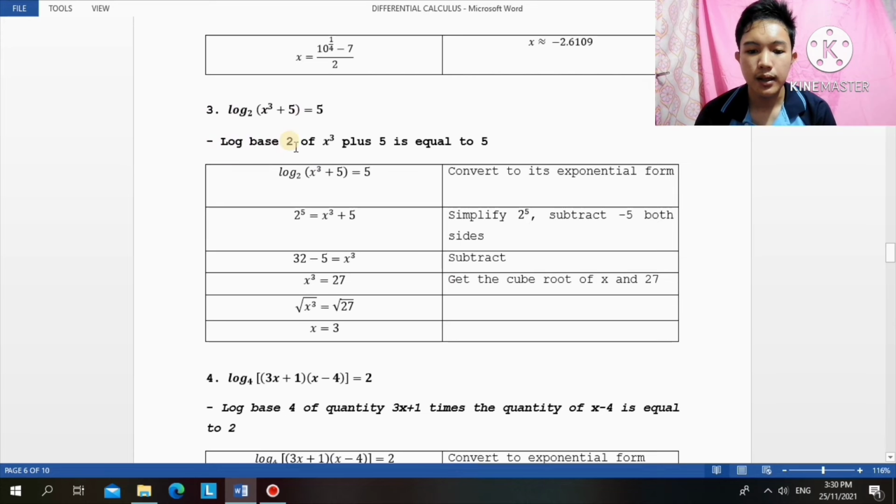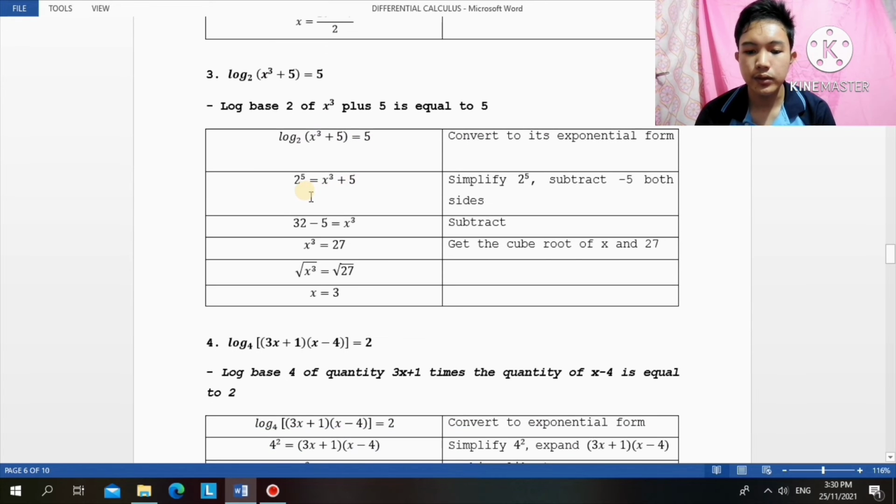Number 3, log base 2 of x cubed plus 5 is equal to 5. So convert to exponential form: 2 raised to 5 is equal to x cubed plus 5. Then simplify 2 raised to 5. So 2 raised to 5 is equal to 32.